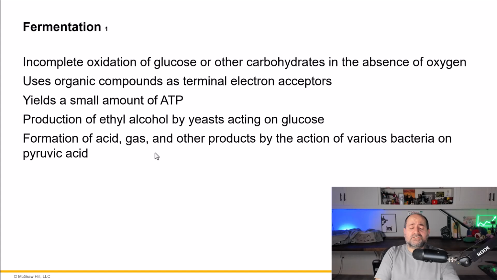However, fermentation happens when you run out of your terminal electron acceptor. So you and I run out of oxygen, or yeast run out of oxygen. What happens? They switch to fermentation, right? So you go from cellular respiration to fermentation, and that means that you're only doing glycolysis, not Krebs cycle or any of the other steps, and that's why you only yield 2 ATP by substrate level phosphorylation.